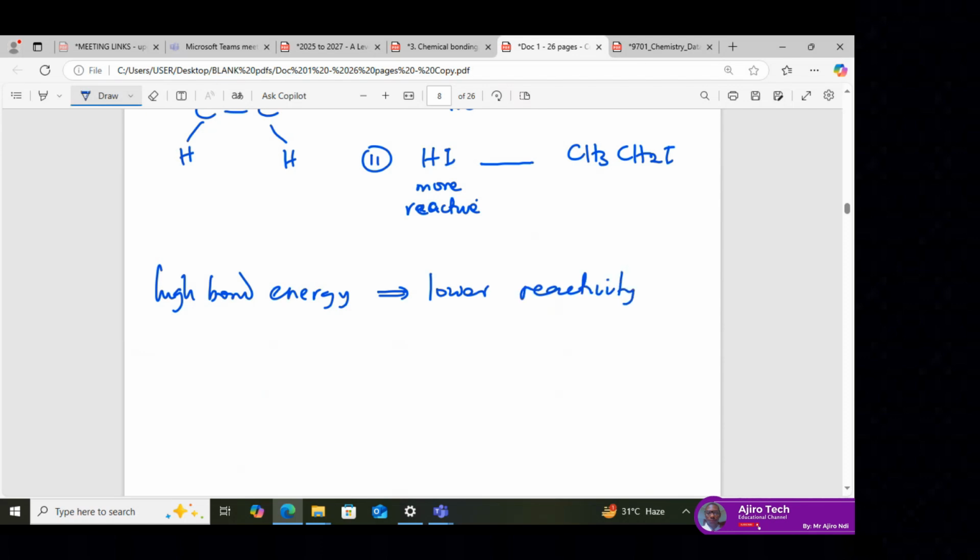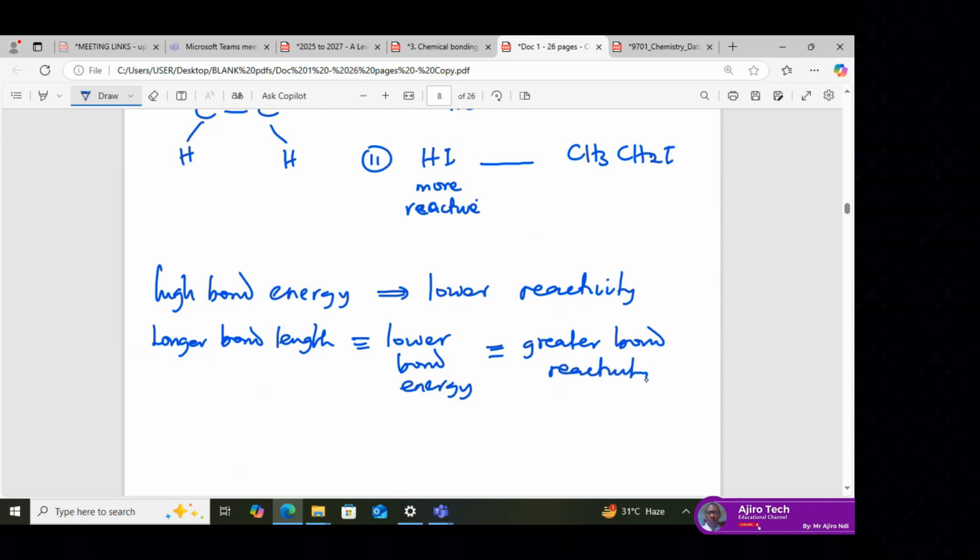Longer bond length, what does that mean? It means lower bond energy, and therefore greater bond reactivity. Is that okay? Okay, that's settled.